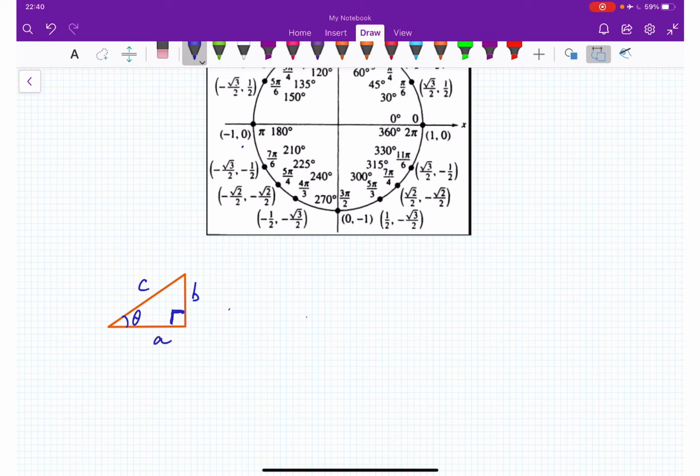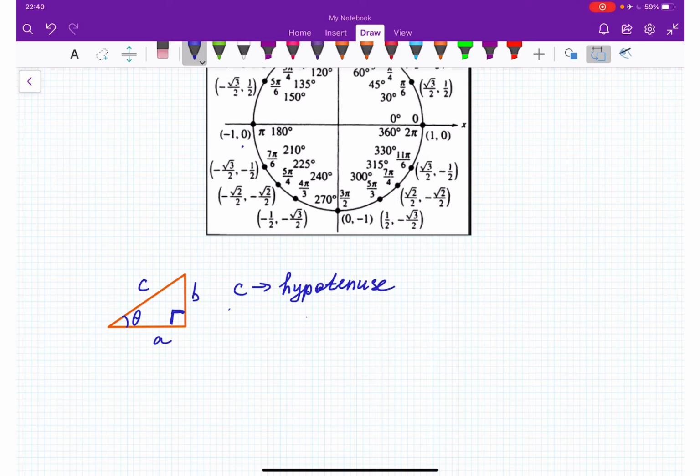So the side that is lying against the right angle is the hypotenuse. So C is the hypotenuse. All right.